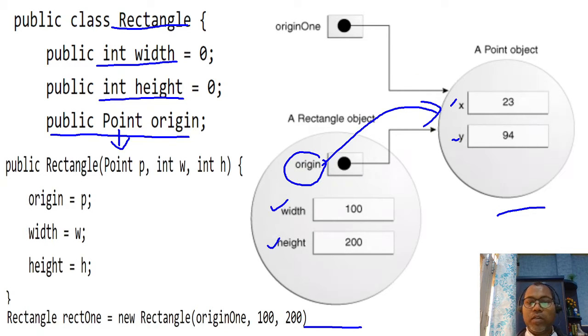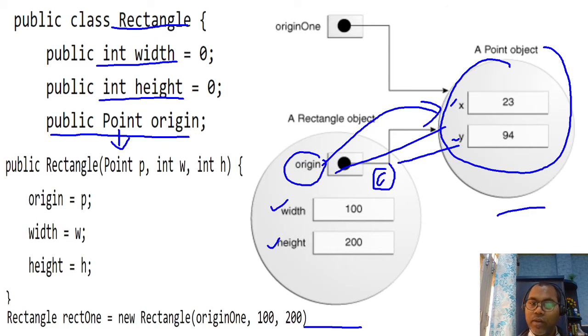So remember, you don't say that this object is created inside the other; this point object is created separately, and that is referred to by your rectangle object.